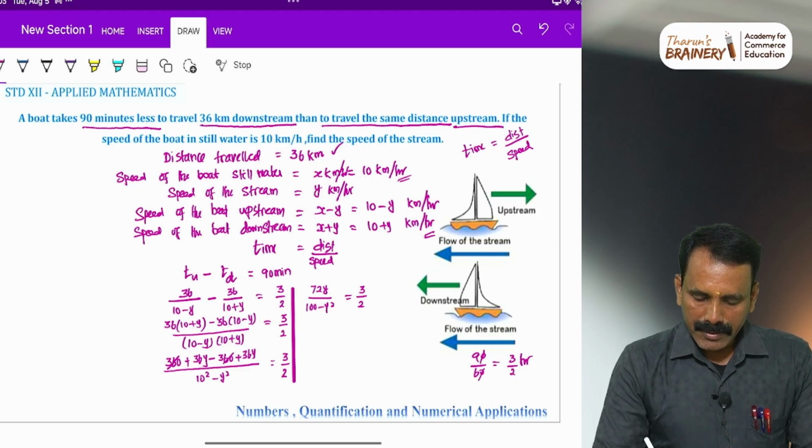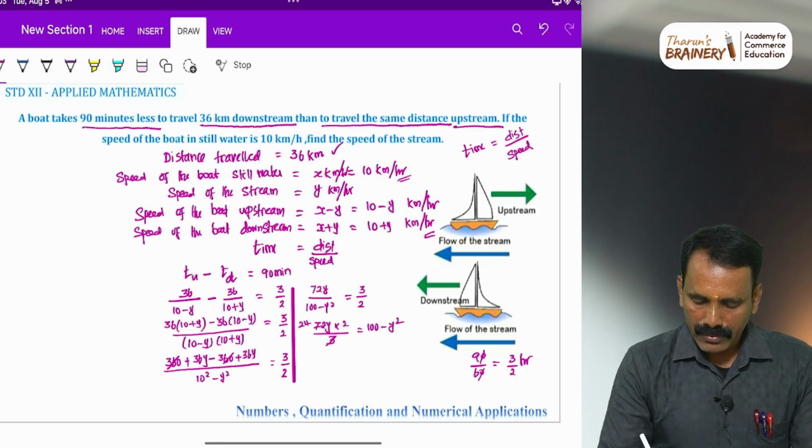So we cross multiply. 72y into 2 divided by 3 is equal to 100 minus y square. So we cancel 3, this is 24. So 24 into 2, 48y is equal to 100 minus y square. We bring all the terms to one side. So y square plus 48y minus 100 equal to 0.